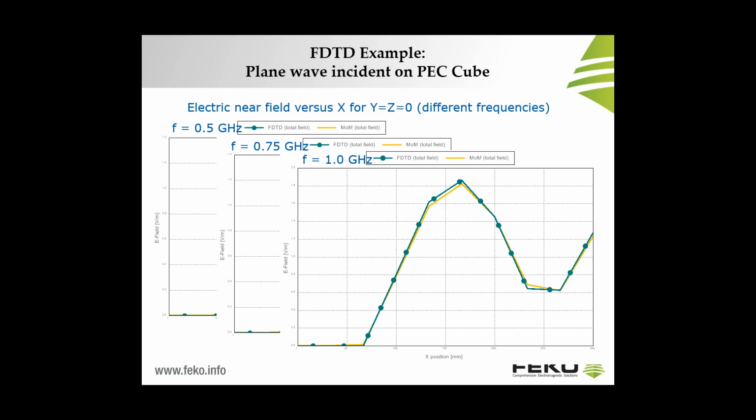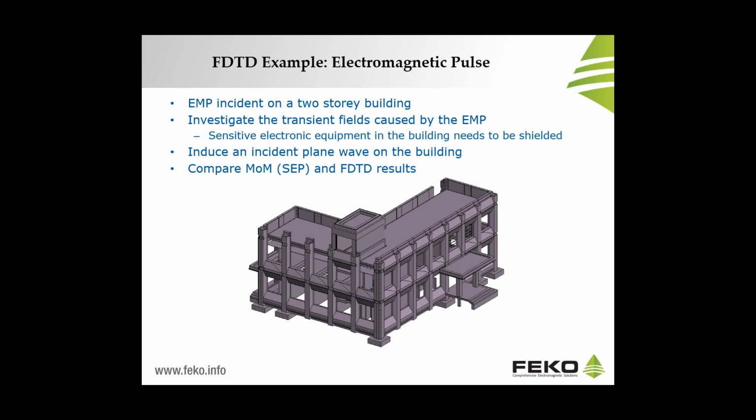The next example is the study of the propagation of an electromagnetic pulse, EMP, in a scenario where making field measurements is challenging. This was relevant for a client of ours regarding the shielding of electronic equipment. And here you can see that we have a two-story building and we want to investigate the transient fields caused by this electromagnetic pulse.